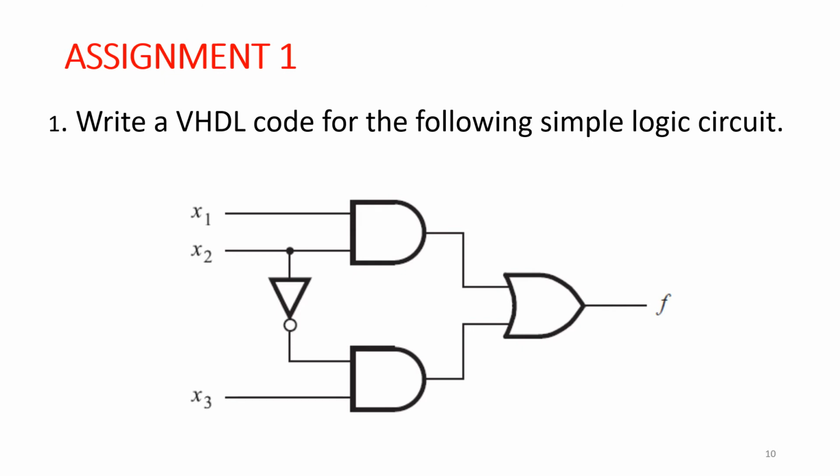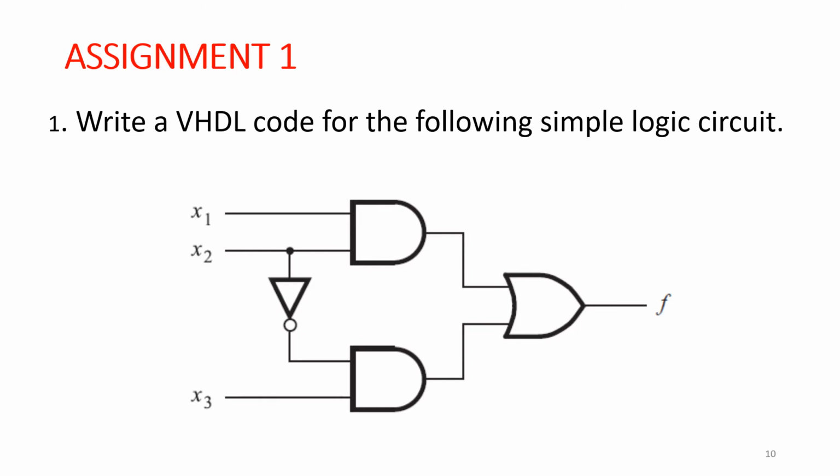So in the first part, we already discussed how to write a VHDL code for a simple circuit. Now this is your first assignment. You are given a simple circuit, again similar to what we have seen before. This is the AND gate.